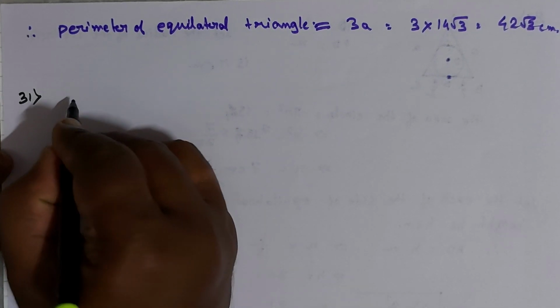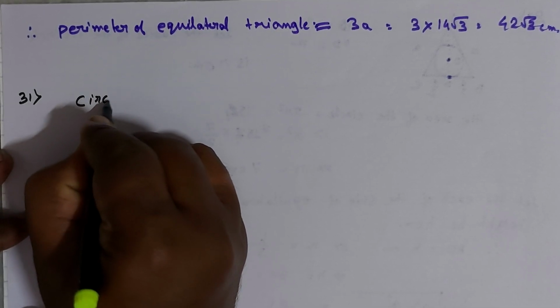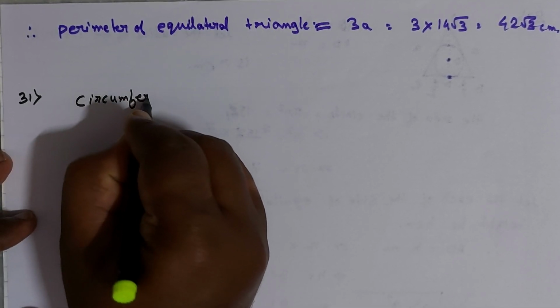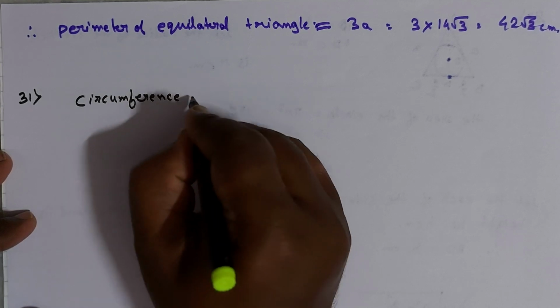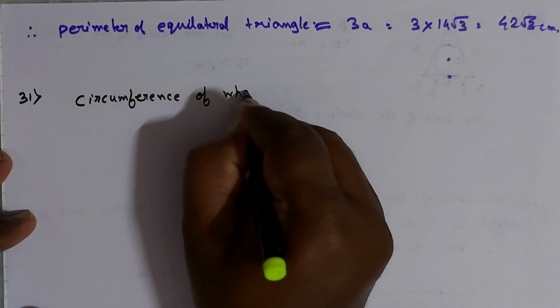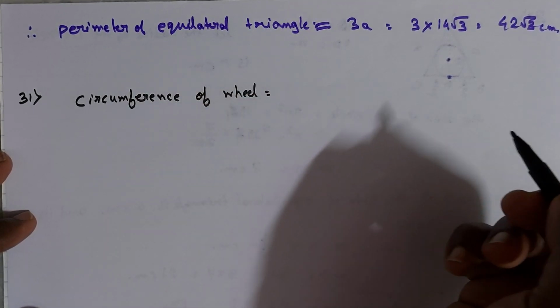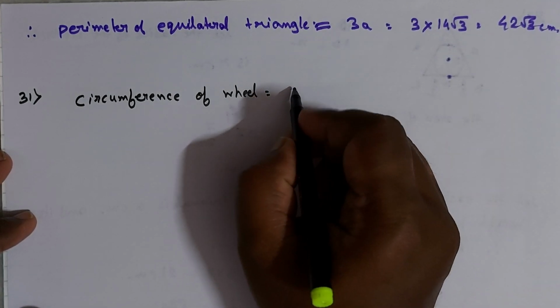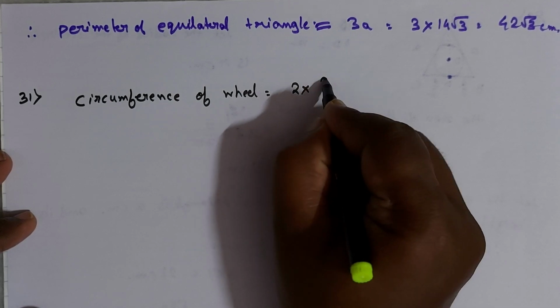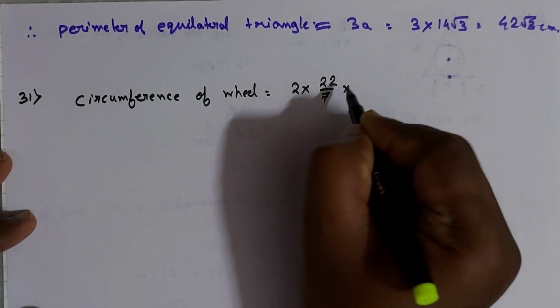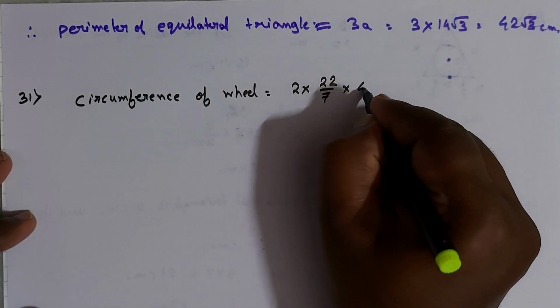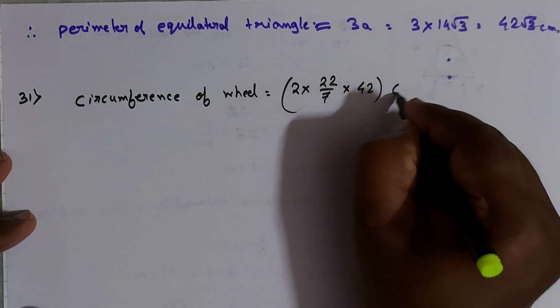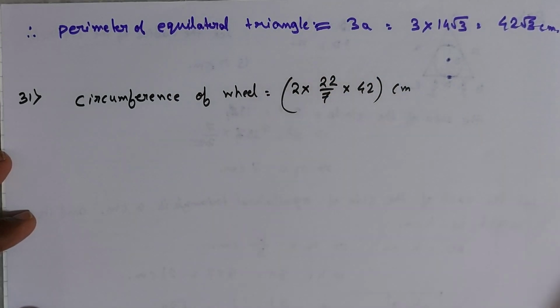The circumference of the wheel, the formula is 2 pi r.